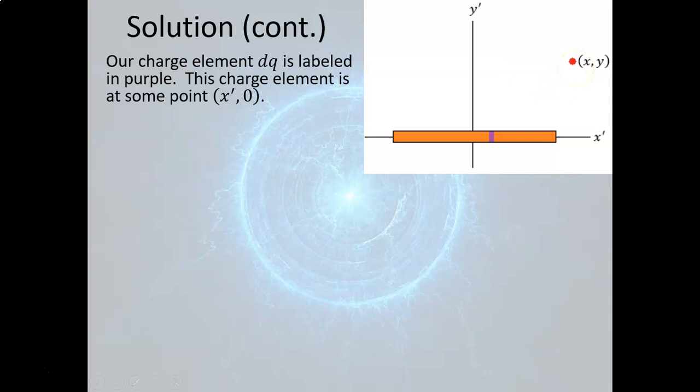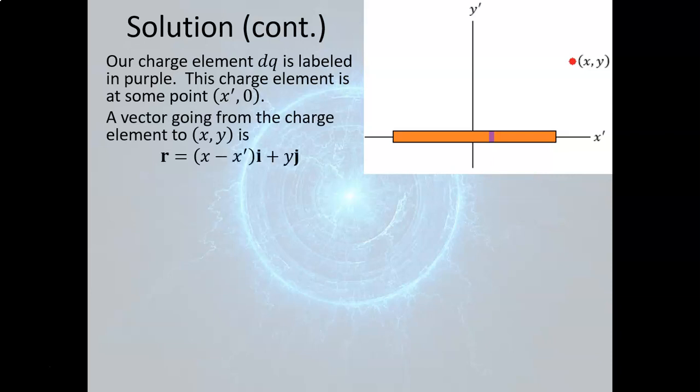So how much charge is there? Well, the amount of charge there is equal to dq. Well, I know the electric field due to a charge dq. That's just going to be k dq over r squared. The electric field vector is going to be k dq over r squared times r hat.